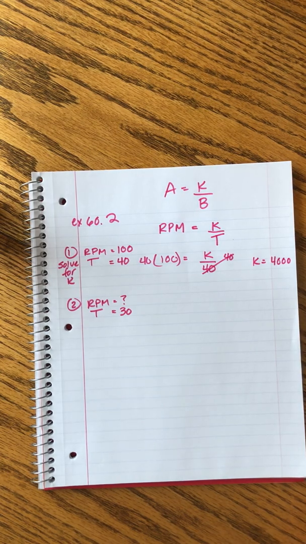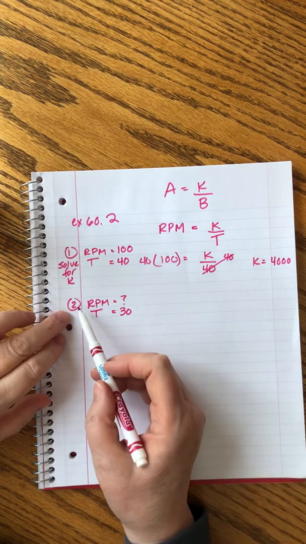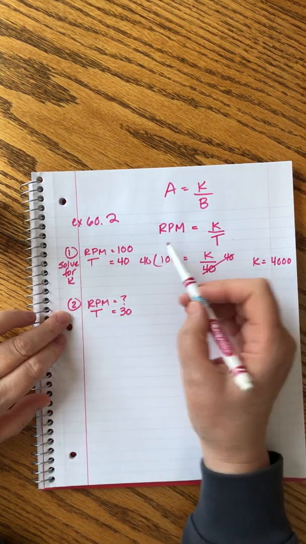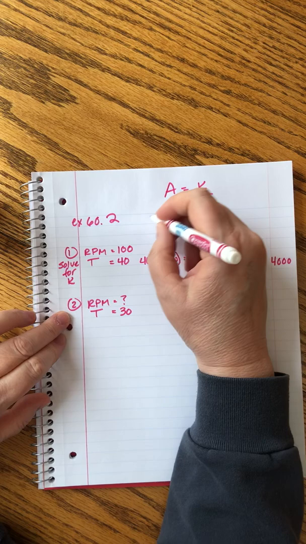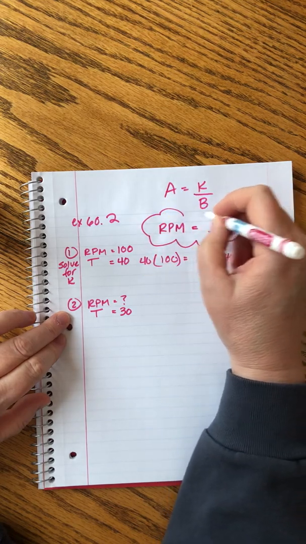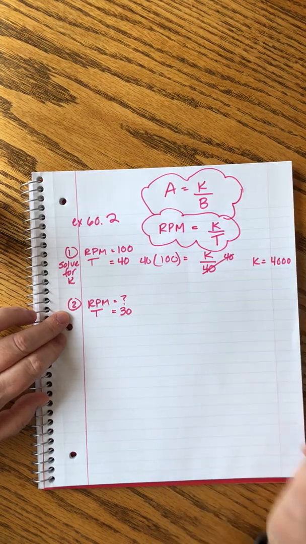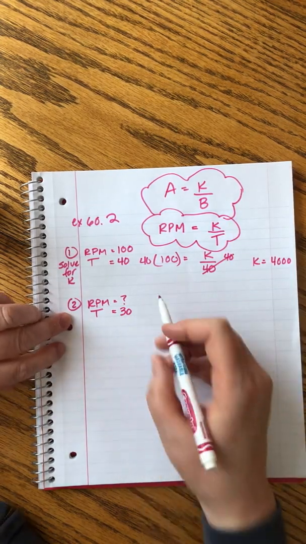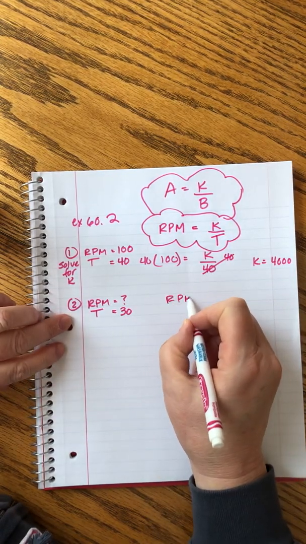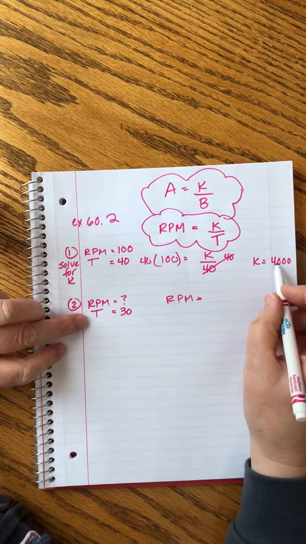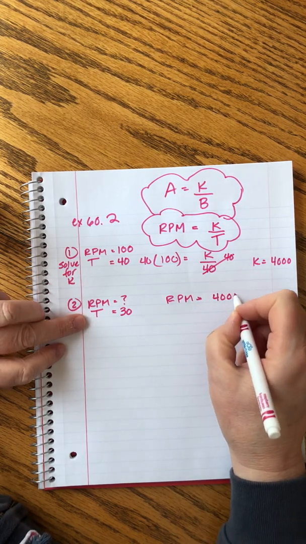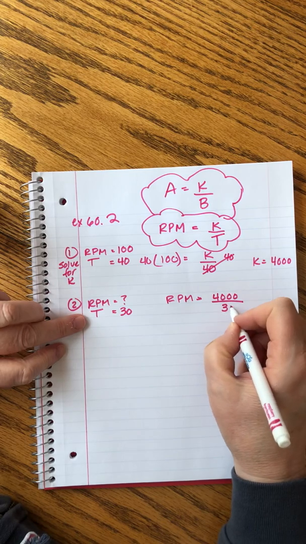All right, that's a big number, but it's a simple number. So now we go down here. Again, we're using our same formula, our customized one. That's the generic one. And then we customize it to our story. Okay, so we're solving for RPM. RPM equals 4,000 divided by 30.